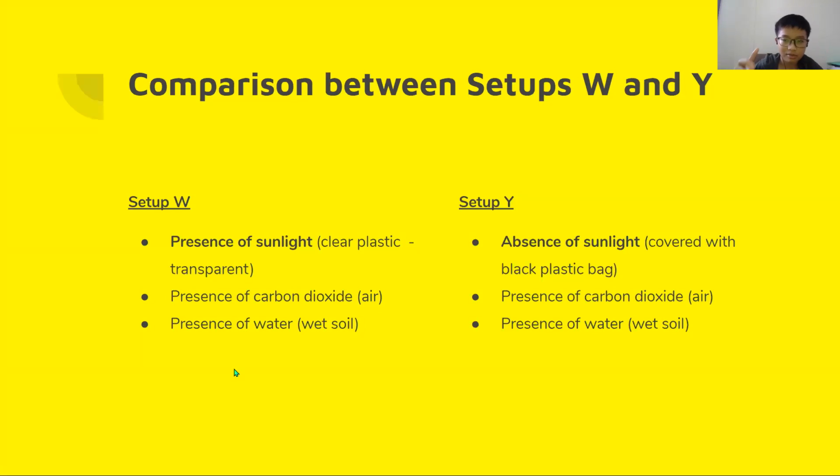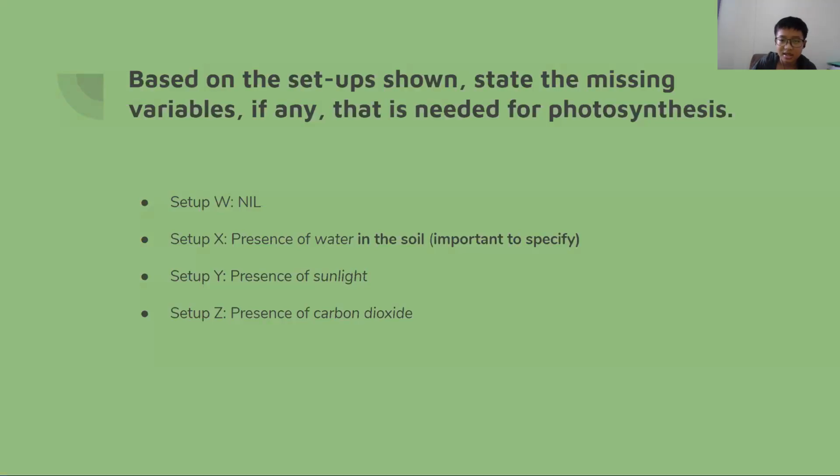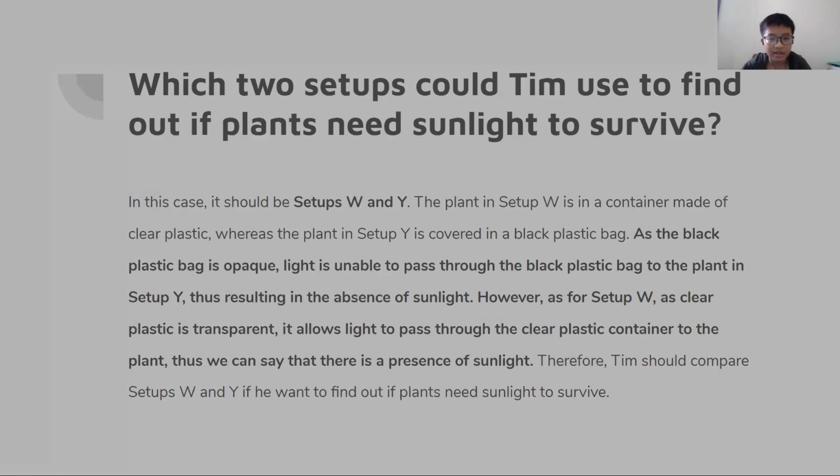Whereas setups W and Y differ in the presence of sunlight and the absence of sunlight. So basically, in this case, it should be setups W and Y. Tim should use setups W and Y to find out if plants need sunlight to survive, due to the fact that the difference between these two setups is the presence of sunlight.